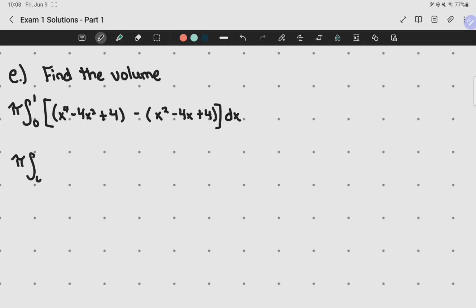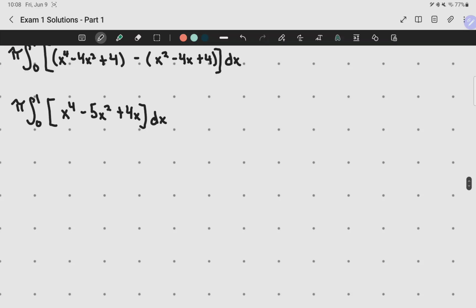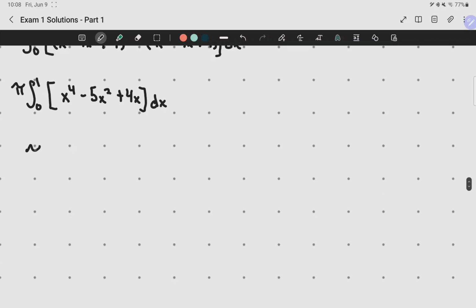From here, we just do a little bit of cleaning up. We are left with x to the fourth minus 5x squared plus 4x dx. From here, we can go ahead and do our integration: 1 over 5 x to the fifth, minus 5 over 3 x to the third, plus 2x squared, from 0 to 1.